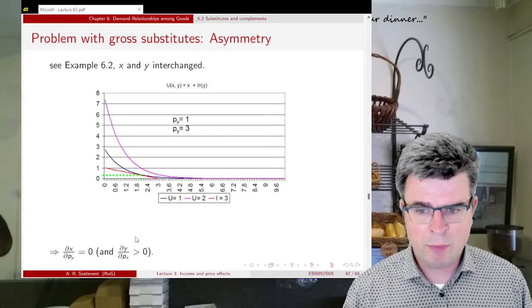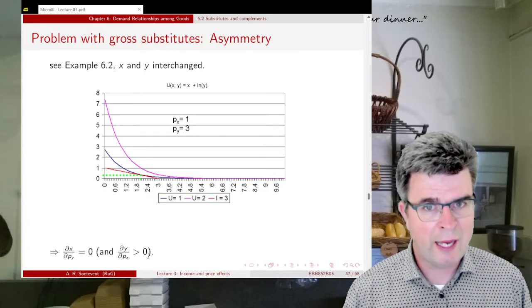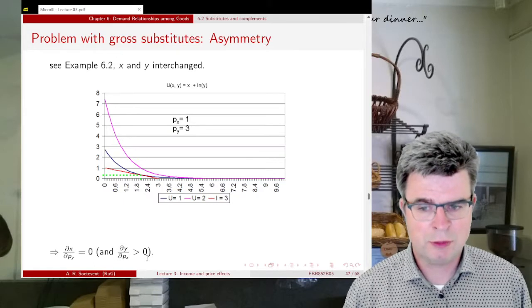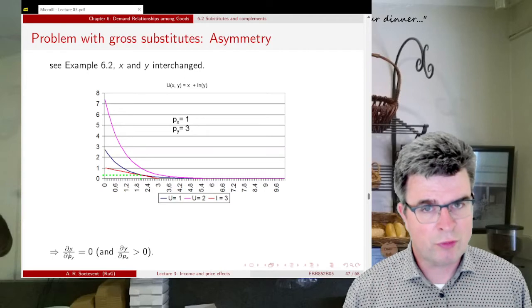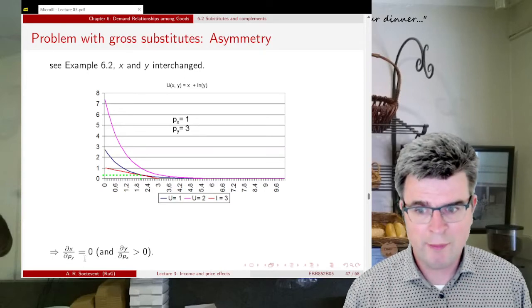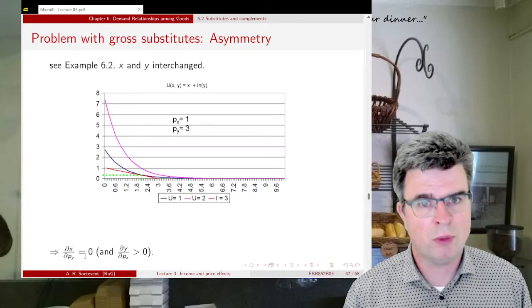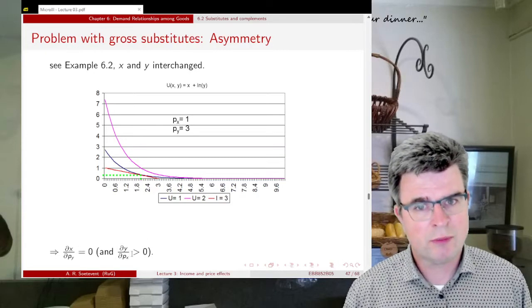So if we would look at that, you would think that good X and good Y are gross substitutes because this thing is positive. But if you take the partial derivative of the demand for good X with respect to the price for good Y, then the value is 0. So they don't seem to be gross substitutes. And that's the asymmetry which makes it complicated.